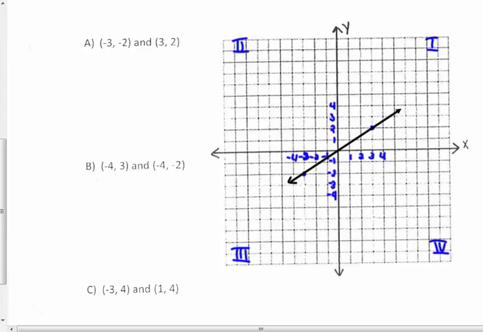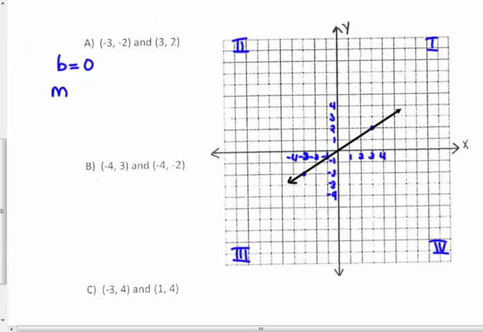I want to see lines. So I know that the b, oh, look at that, crosses the y-axis at 0. So b equals 0. My slope, well, if I start from the point negative 3, negative 2 to 0, 0, I go up 2 and over 3.